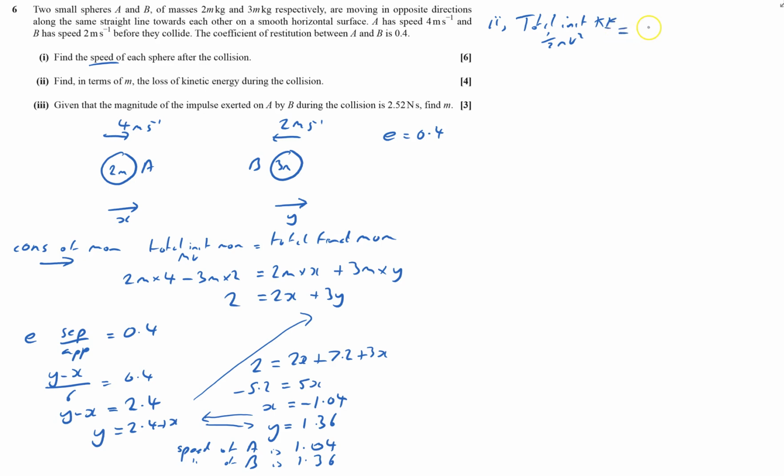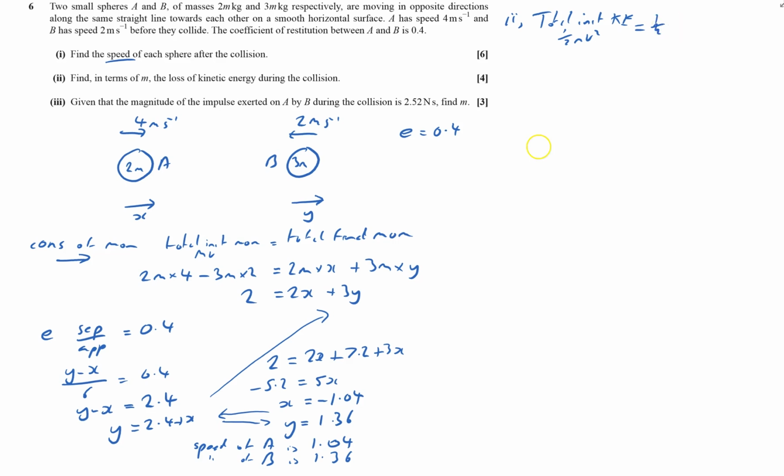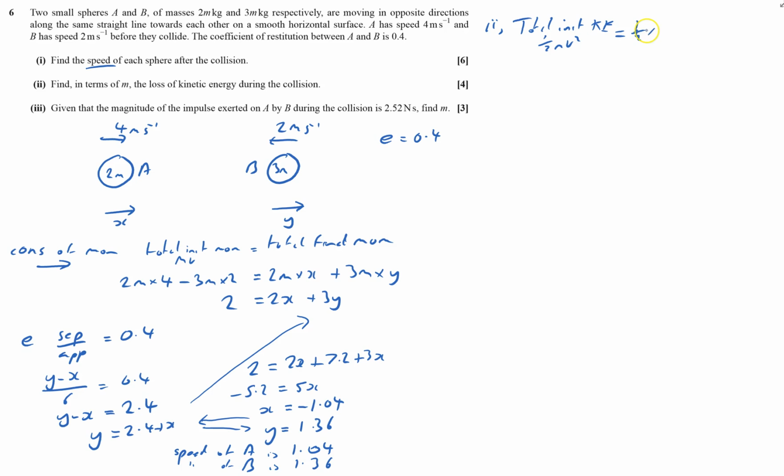The first one will be a half times the mass, 2m, times the velocity squared, that would be 4 squared, so 16, plus a half times 3m times 4, and that will come to 22m.